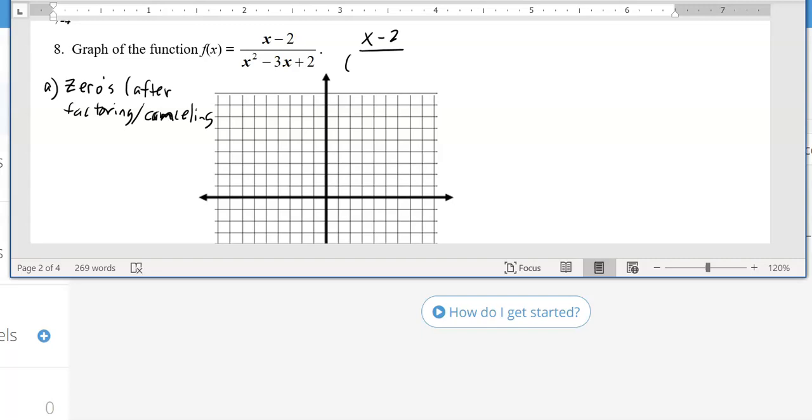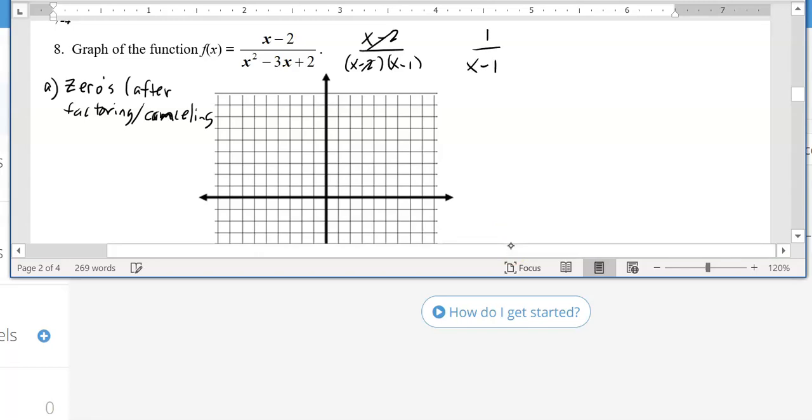You can use the factors of positive 2 that add up to negative 3. So there's my factoring, and after canceling, I'm going to end up with the graph of 1 over x minus 1.